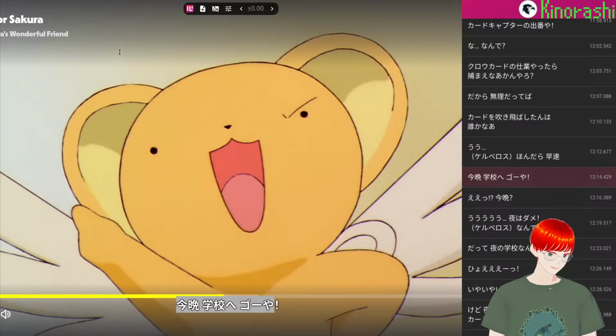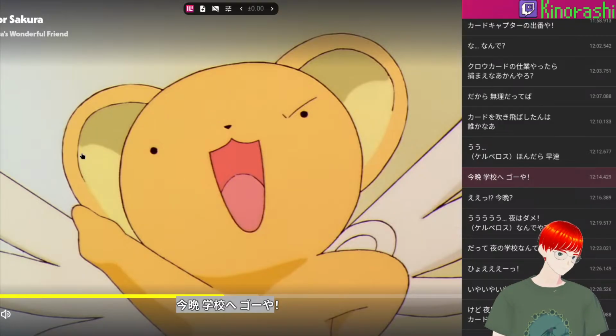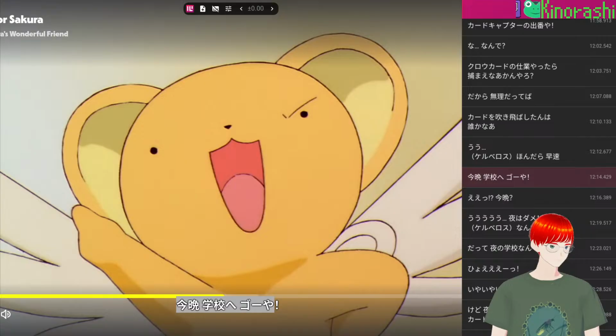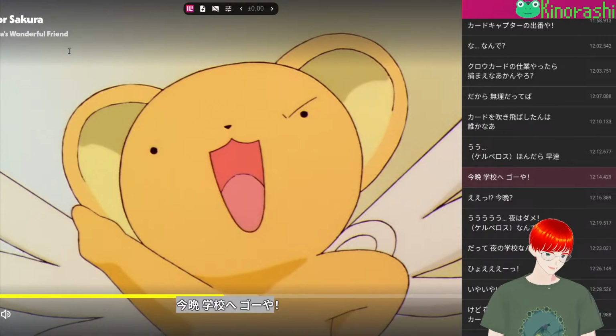Oh, okay, so that's using go instead of ikimasu or something like that. From Kansai-ben. Is goya from Kansai-ben? Explain in English.